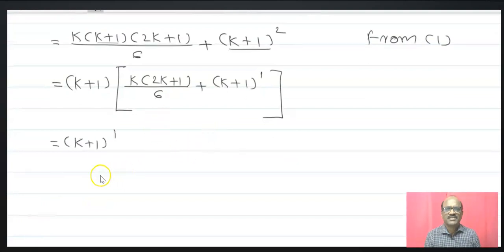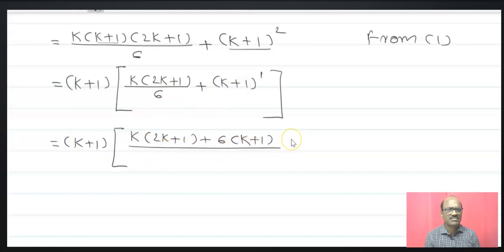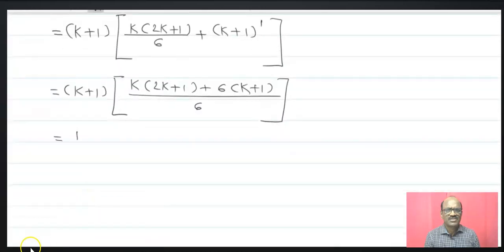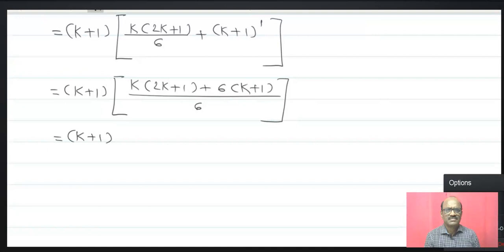Now simplify this. Then you will get k plus 1 multiplied with the 6, that is k in bracket 2k plus 1 plus 6 in bracket k plus 1. Now this is the simplification. You can see this here. Okay. Next step.